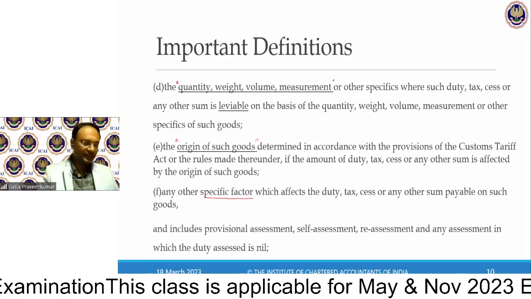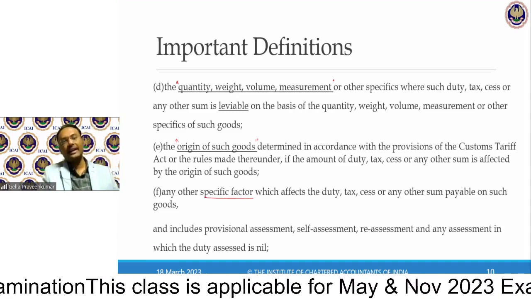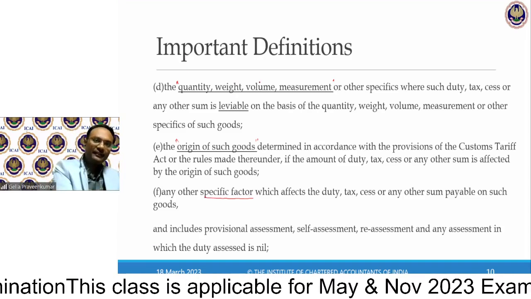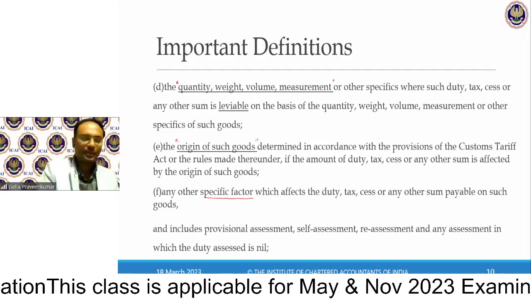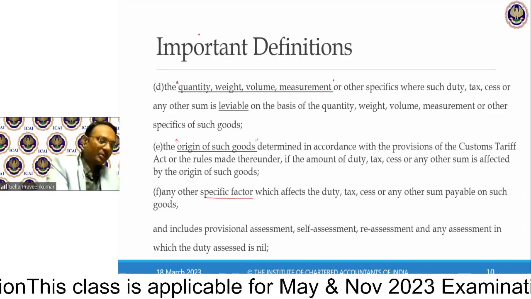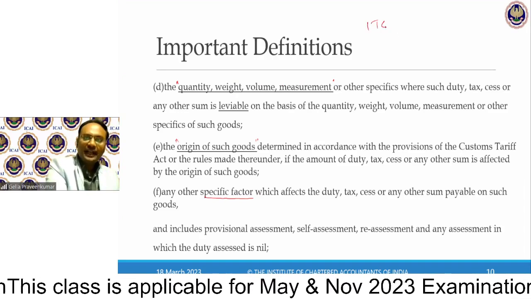Now I'll explain each of these points, which is also part of your assessment. When I talk about quantity, weight, volume, measurement, etc., in the process of assessment, please keep this in mind. I'll give an example. I don't know how many of you have seen the bills issued by ITC.